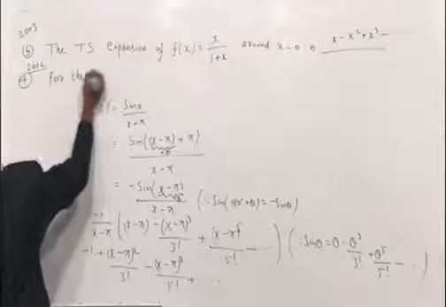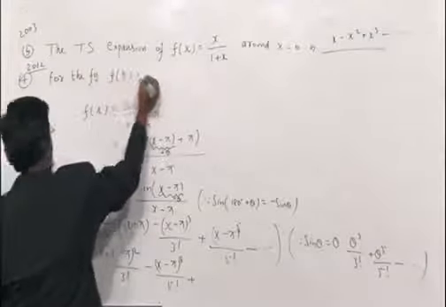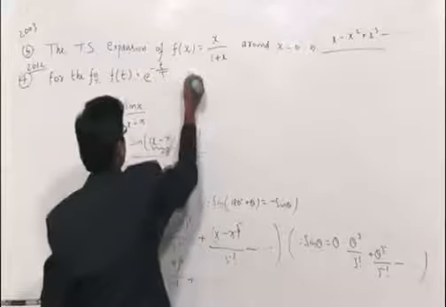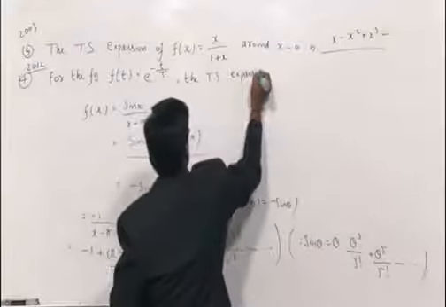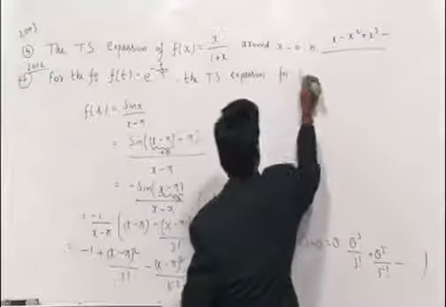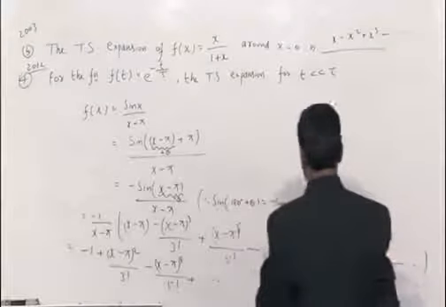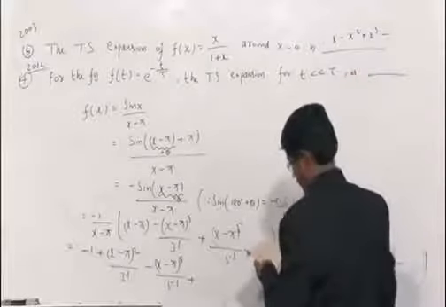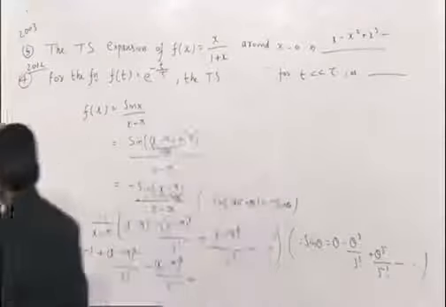For the function f of t equal to e power minus t by tau, tau is a constant, the Taylor series approximation for t much lesser than tau is dash.